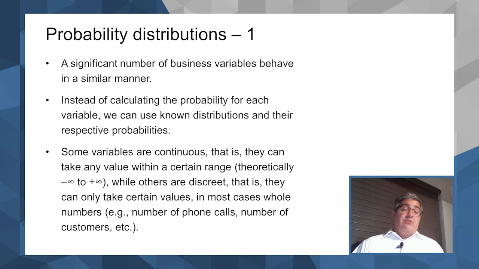And we can use them because most variables in life behave in certain ways. So, for example, imagine a game that you enter where you either win or you lose.